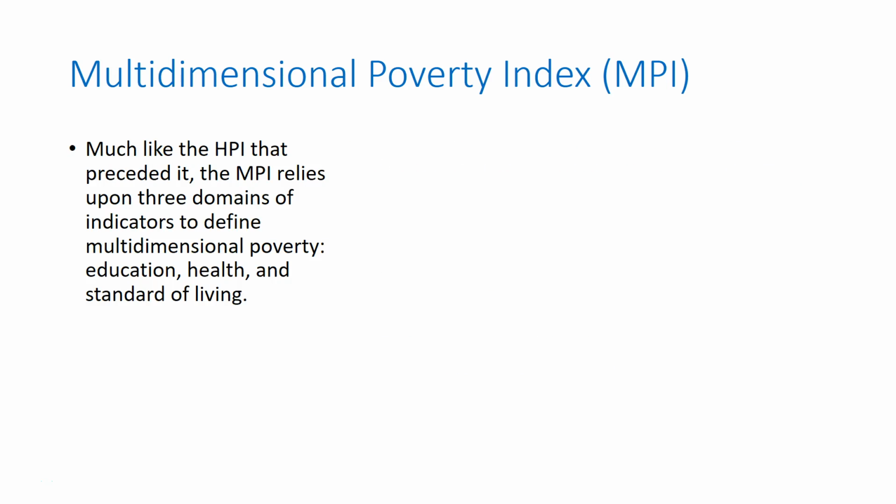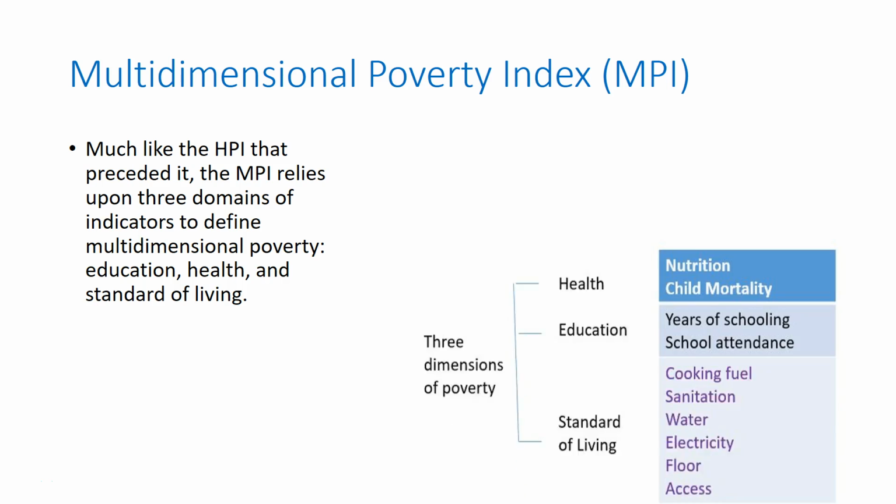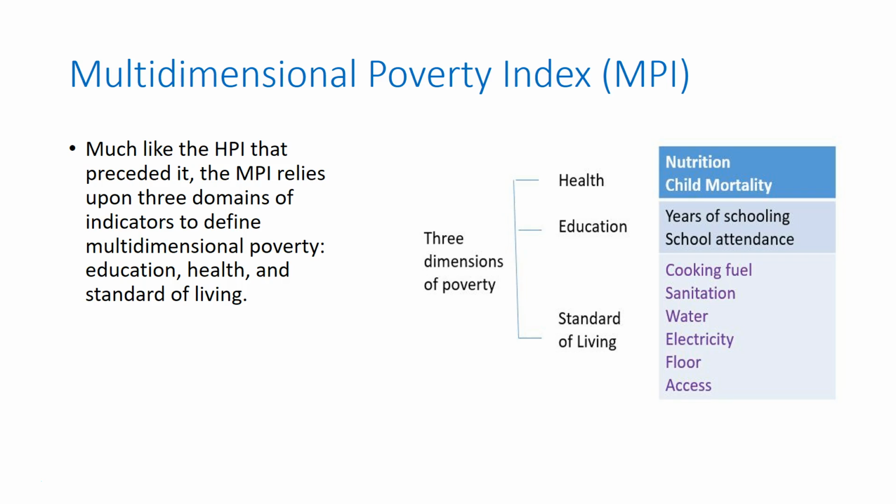Much like the HPI, the MPI relies upon three broad domains of struggle, of deprivation: education, health, and some kind of standard of living. Okay, so how we define health, education, and standard of living is, of course, where there's going to be disagreement. Health, in this case, is going to be defined by indicators describing nutrition and child mortality.